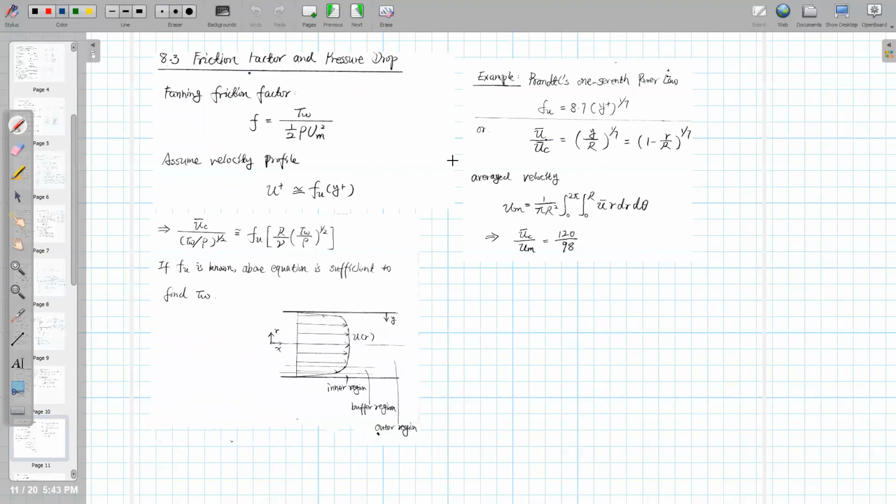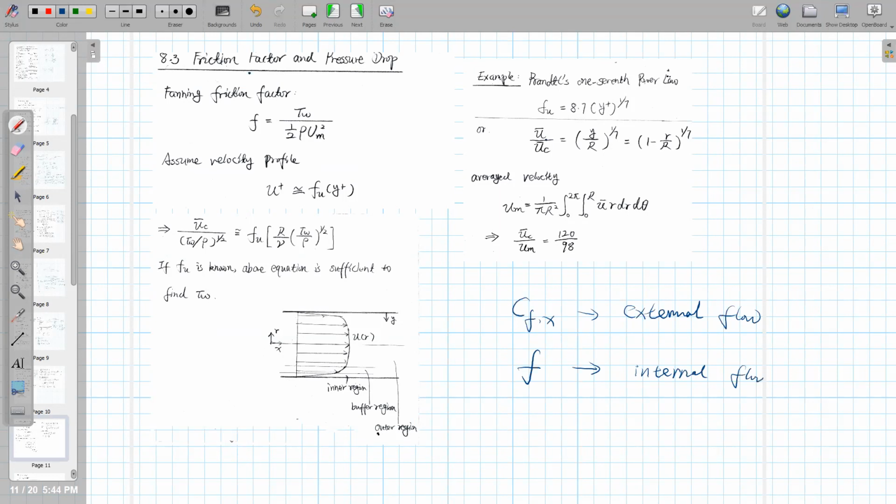First, just recall what the friction factor will be. Remember that we like to use C_f for external flow, I think I mentioned this before. And for internal flow, we like using the smaller f.